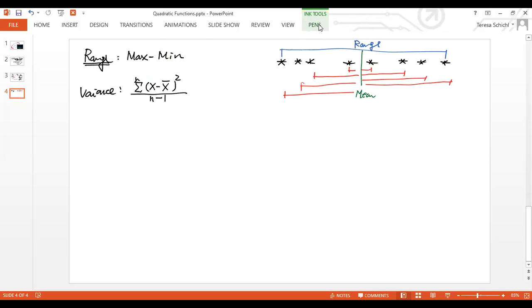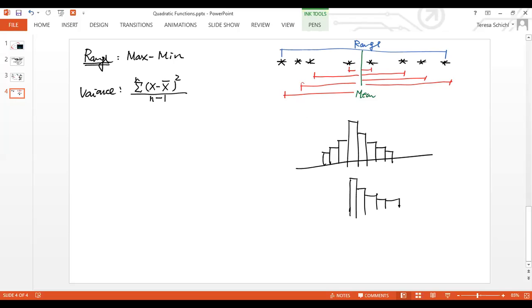You might say, well, I still do not understand. So let's take a look. If you have a distribution like this, this is one type of distribution. If you have another distribution like this, this is my second distribution.